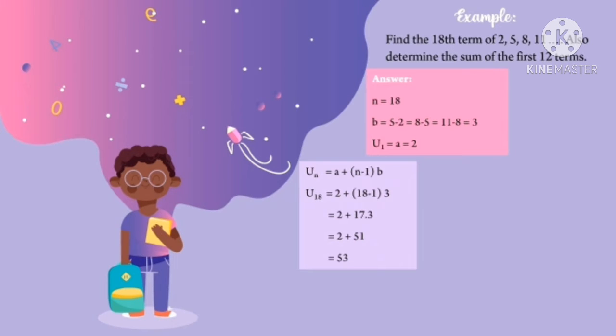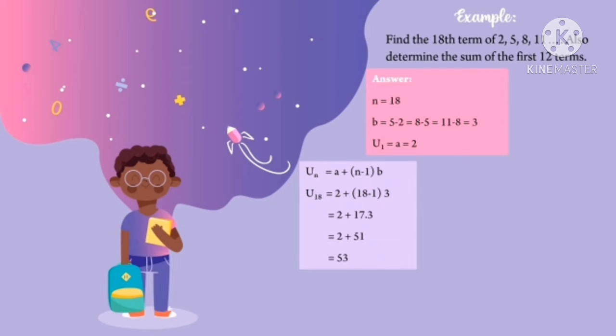So, un equals a plus n minus 1 multiplied by b, u18 equals 2 plus 18 minus 1 multiplied by 3 equals 2 plus 17 multiplied by 3 equals 2 plus 51 equals 53.